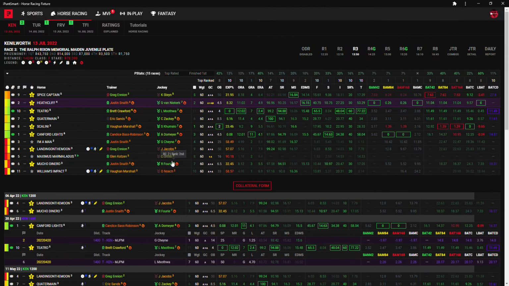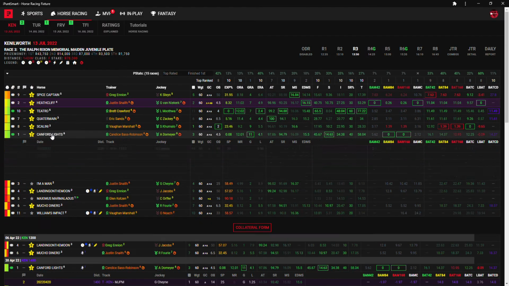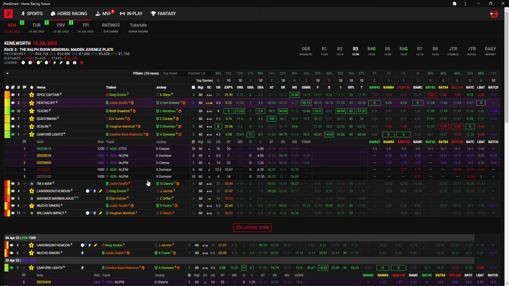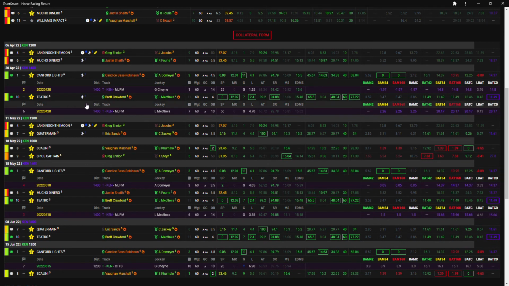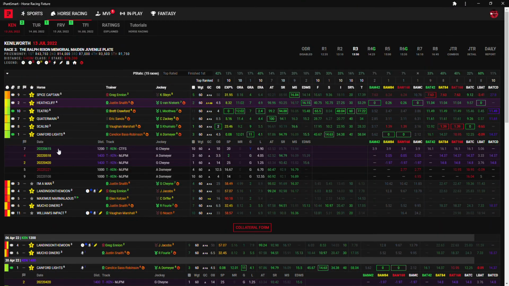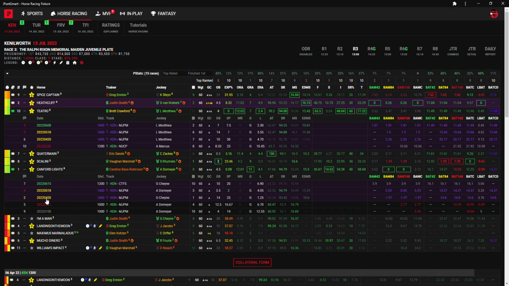Now the reason why I'm saying it's something to consider as well is you know how your jockeys are performing, and the example that we used here with that 14.8 versus 20.17 is on the 20th of April. And if I look at the 20th of April here, on these two runners, you see the 20th of April where Canford Lights was second, 1400.